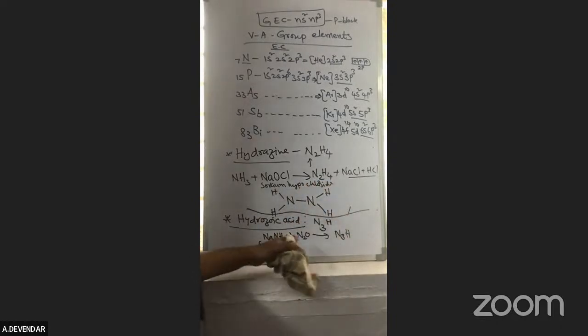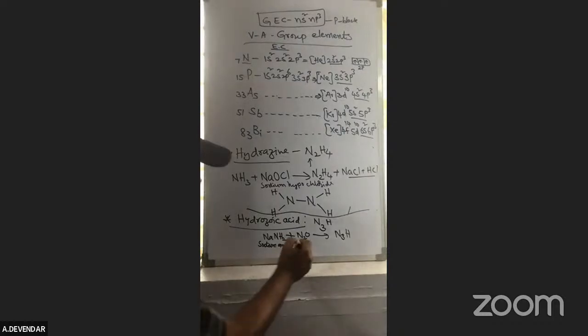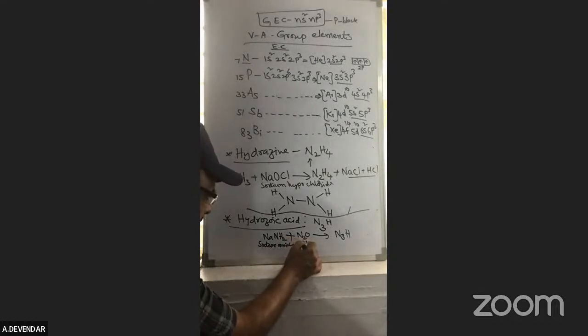Sodium amide is reacted with the nitric acid, and there is a formation of nitrous acid. This leads to the formation of hydrazoic acid.